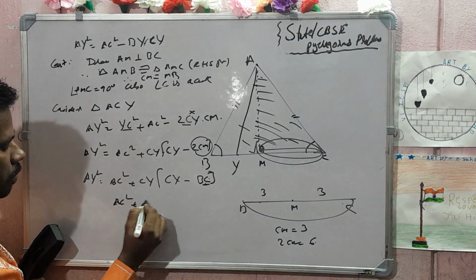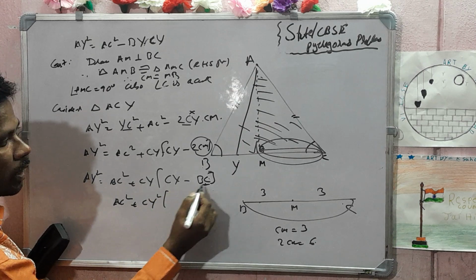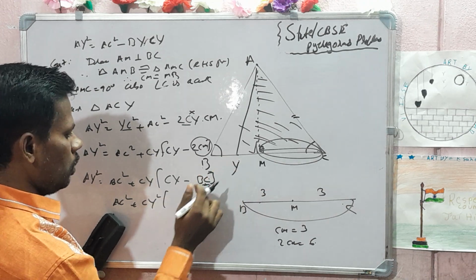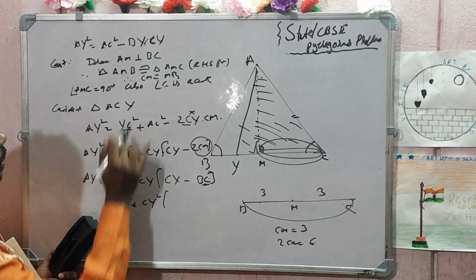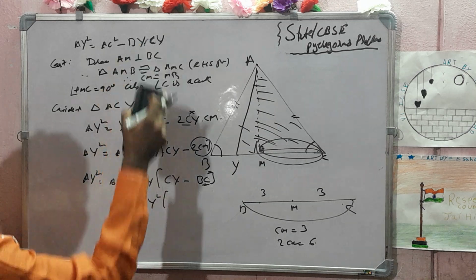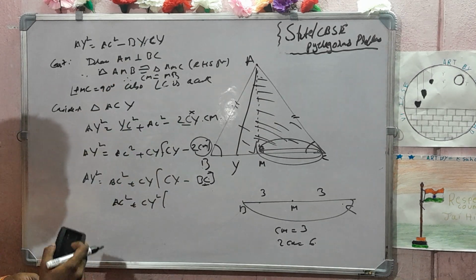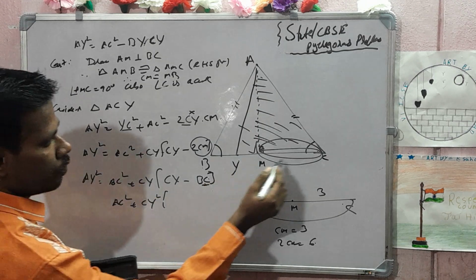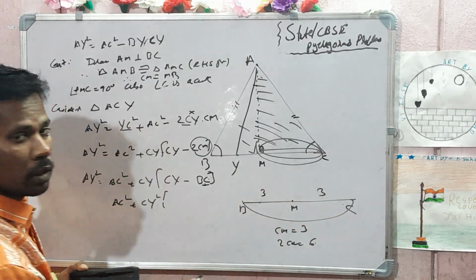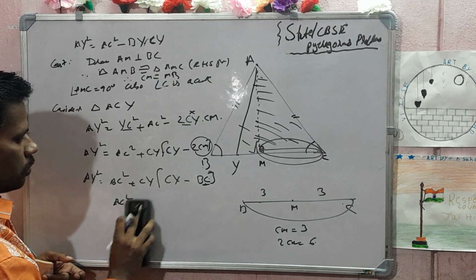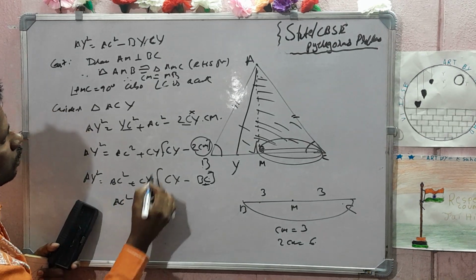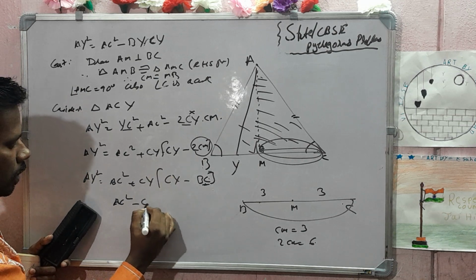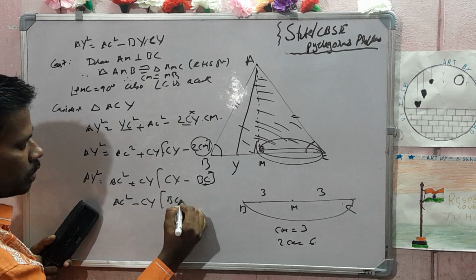So AC square plus CY into CY minus BC. Here minus is there, no? So take minus common here. AC square minus CY into BC minus CY.